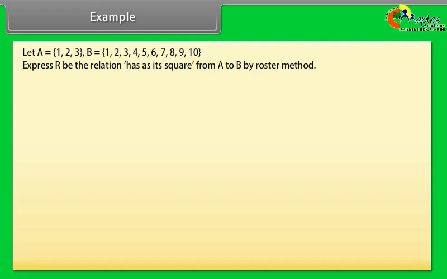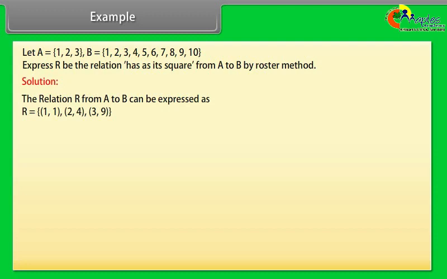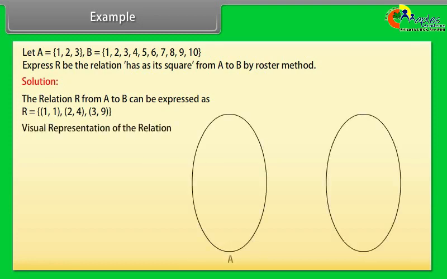Express R, the relation 'has as its square' from A to B, by roster method. Solution: the relation R from A to B can be expressed as R = {(1, 1), (2, 4), (3, 9)}. The visual representation of the relation is shown below.